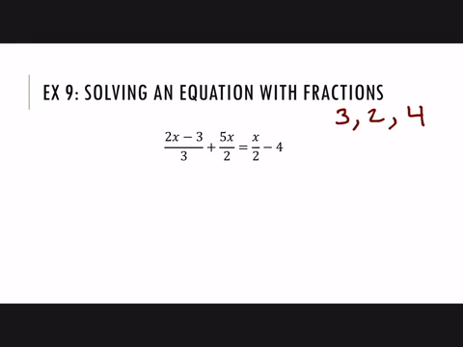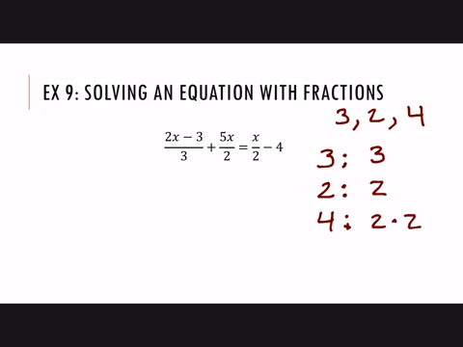Here, 2 of these are prime numbers, the 3 and the 2. 4 is not, so let's go through it if you ever need to do this with larger numbers. To find the least common multiple, you basically want to break each number down into primes and then look for things that they have in common. So we have a 3, a 2, and then 4 is 2 times 2.